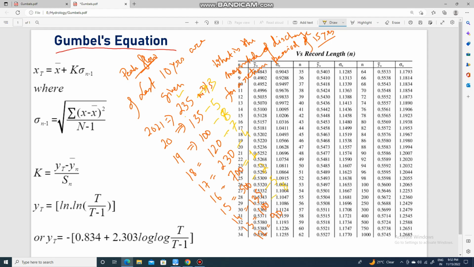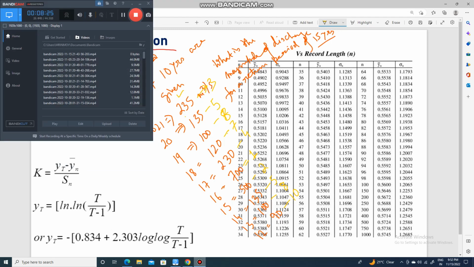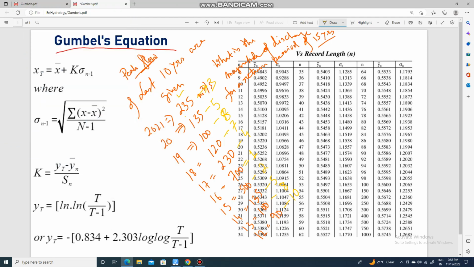Again, this is also 8, so 8, 9, and 9 is taken by 8. So ultimately, this 90 is the minimum peak flow observed in the last 10 years of peak discharge data for a certain river basin. So this is the rank of the discharges when arranged in descending order of magnitude.